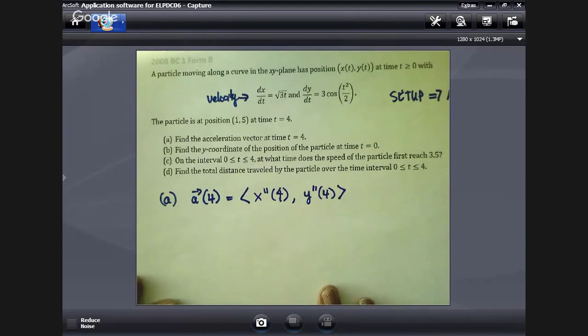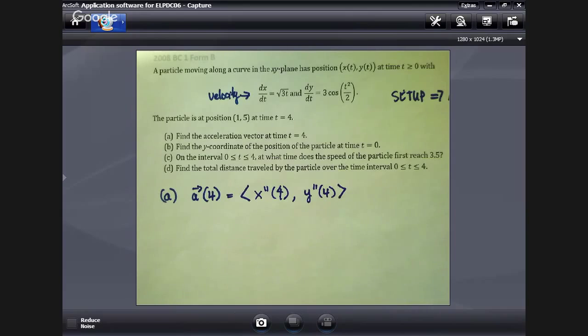Right? Now this is my setup. Right now I would go to my calculator and find the derivatives using my numerical derivative function to get x double prime of 4 and y double prime of 4.